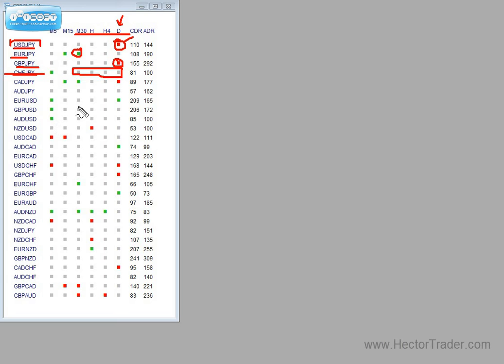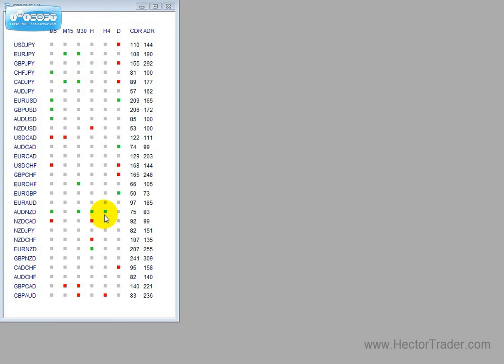I can cross that out. CAD against the Japanese yen shows green squares, meaning long opportunities on the 30 minutes time frame, or if you're a long-term trader, there may be some short opportunities on the daily, and so on and so forth.